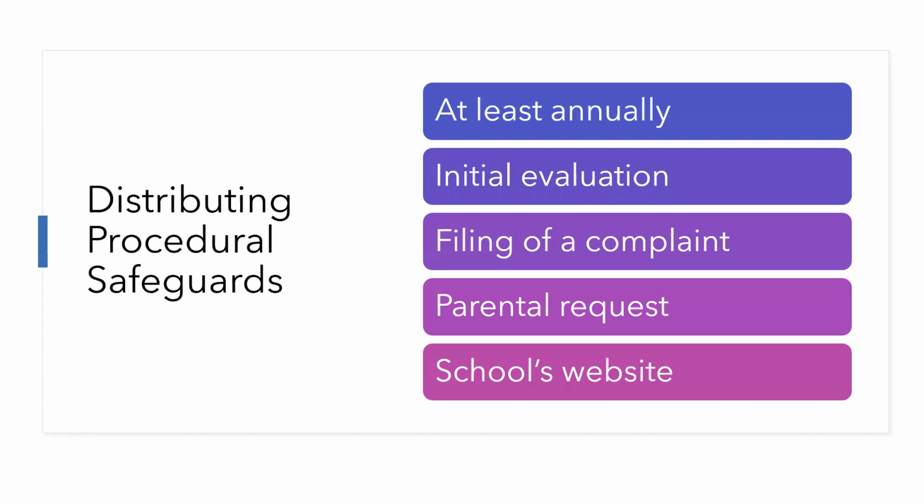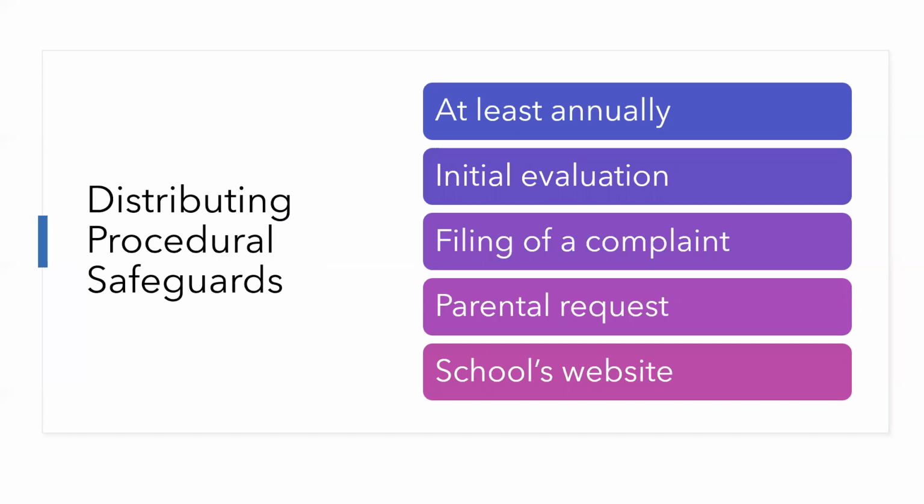IDEA spells out several instances when procedural safeguards need to be given to parents. This is another document I really encourage you to take the time to review. It has all of your rights and protections as parents. According to the law, the school has to provide a copy at least annually, so oftentimes it'll be given along with several other documents in preparation for IEP meetings.